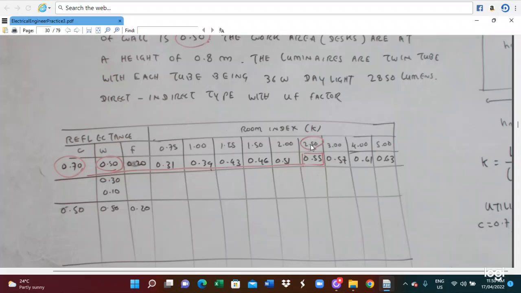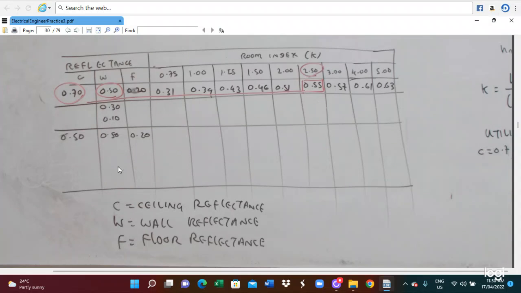So this is here 2.5, and 0.55 is the utilization factor. In this case, C is the ceiling reflectance, W is the wall reflectance, and F is the floor reflectance. So ceiling, wall, floor: 0.7, 0.5. So this value is given. This is the room index K. Depending on the room index K, we can also calculate the utilization value.